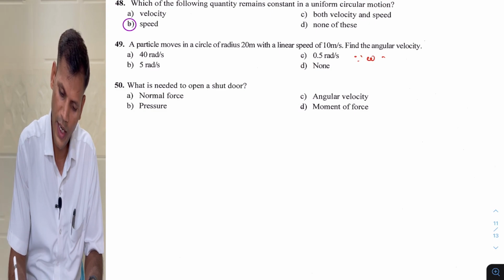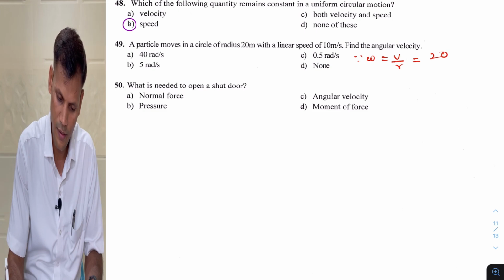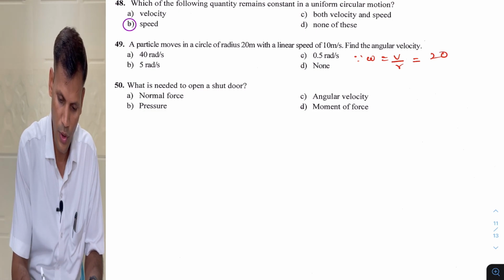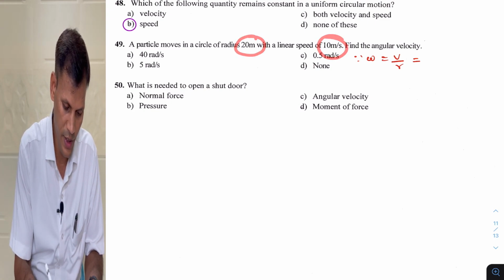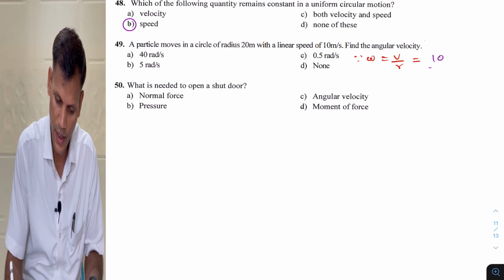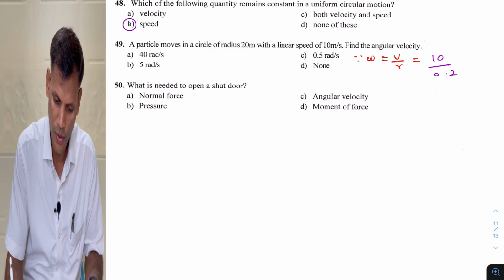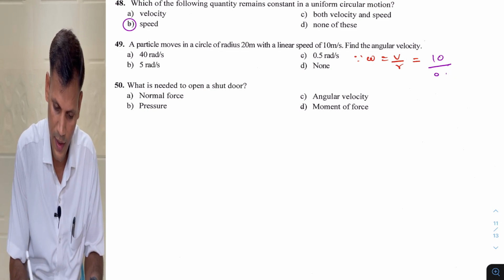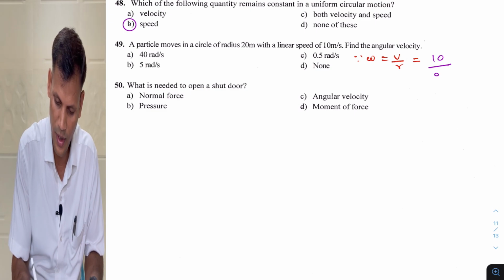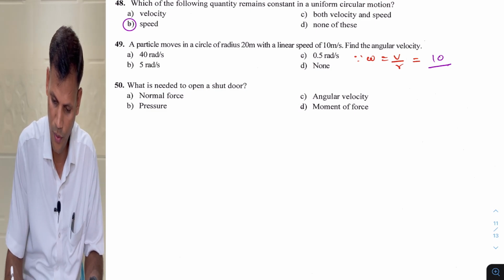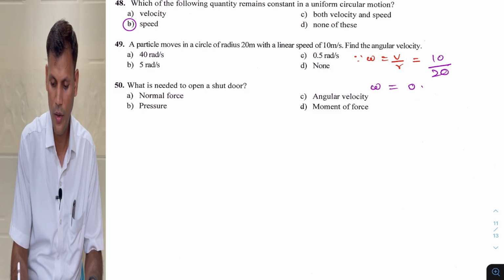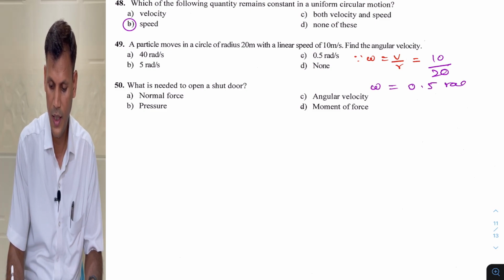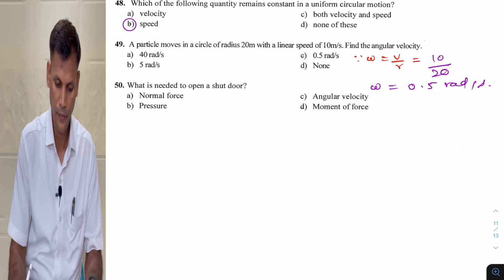Since omega is v by r, and v is given as 10 meter per second, so 10 by radius, which is 0.2 meter. Why am I writing 0.2? Radius is 20 centimeter. So omega will be 0.5 radian per second.